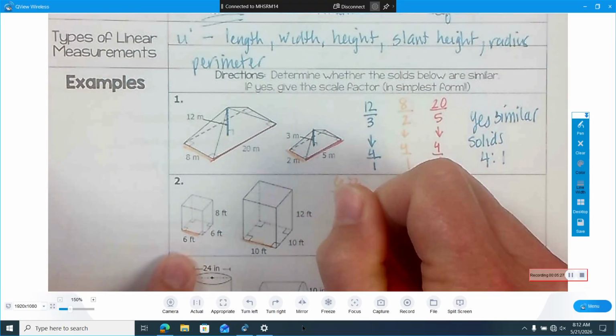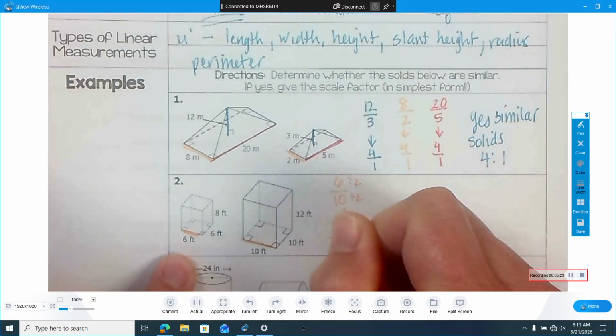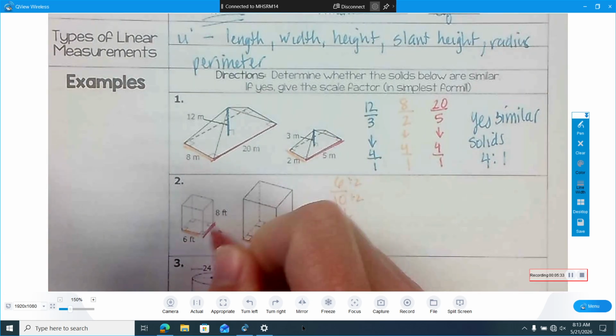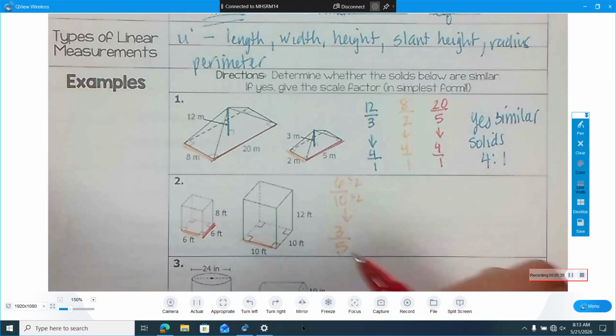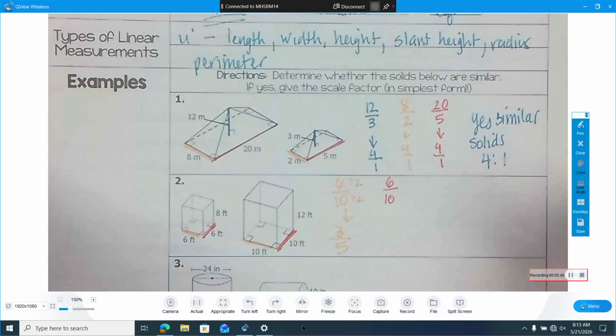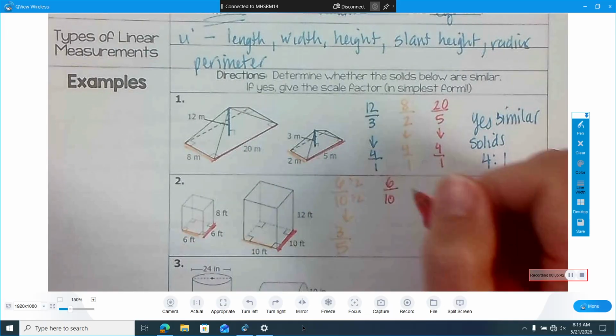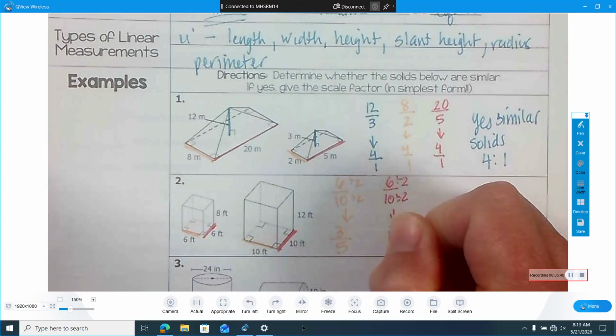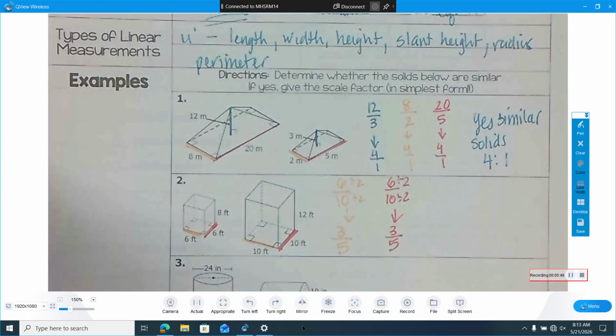That becomes 3 over 5. Then the other 6 compares with 10 again, 6 over 10, which turns into 3 over 5. Oh, it was the same.